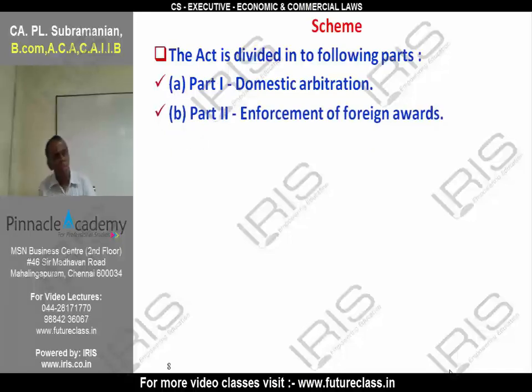What is the meaning of that? One party is Indian, one is a foreigner. According to the agreement, the matter is to be referred to arbitration in the UK, that is London. That has been entered into, and the London arbitration tribunal has given an award that the Indian party has to pay 5 crore. Now how to recover 5 crore?